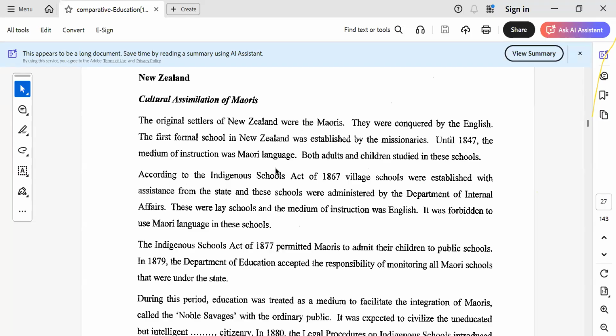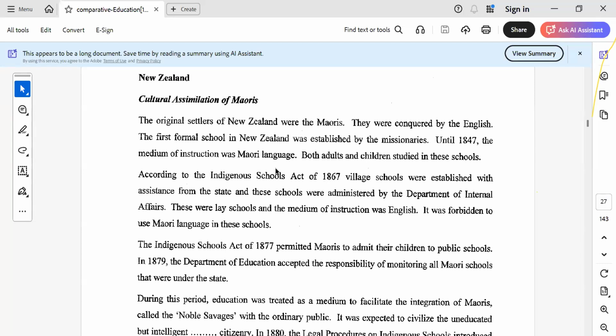So all these countries are Commonwealth countries, not Asian countries, right? So New Zealand, Maoris, so they are indigenous people. The original settlers, they were conquered by the English. The first formal school in New Zealand was established by the missionaries.